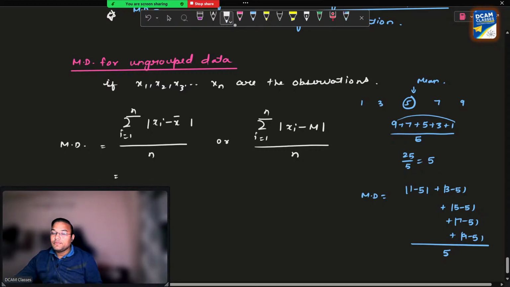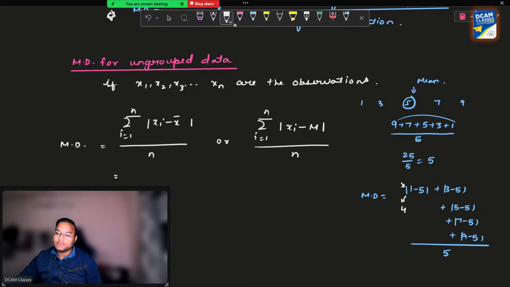What I am stressing on is this modulus. Even though 1 minus 5 is minus 4, the modulus will make it 4. No negative value comes. It's minus 2, it will become 2. It's 0, it's again 2, and it's 4.